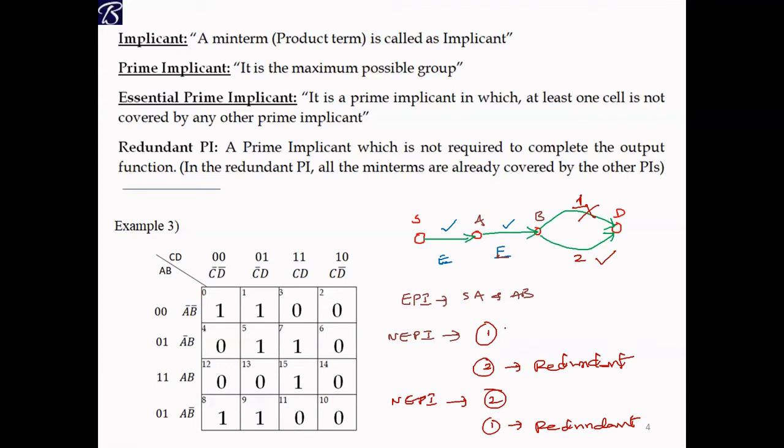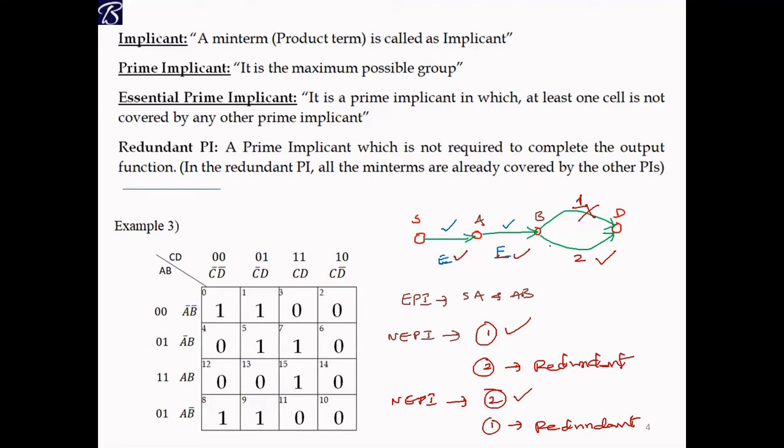If NEPI 1 is taken, then 2 becomes redundant, and if NEPI 2 is taken, then 1 becomes redundant. Either choice; both are non-essential prime implicants only. So the conclusion here is that SA is essential and AB is also essential.